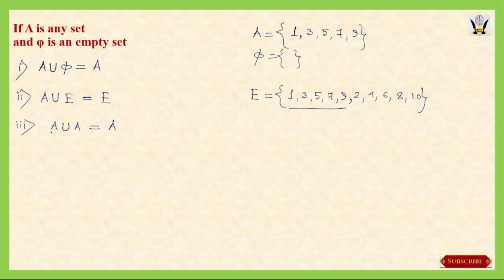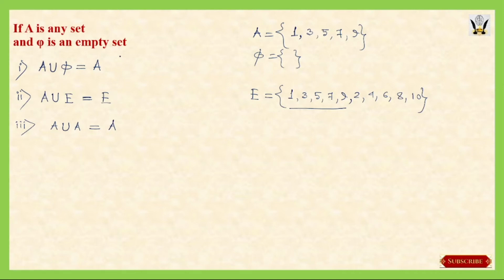Here the first set has 5 elements 1, 3, 5, 7, 9, and the second set also has 5 elements 1, 3, 5, 7, 9, and we will be adding all the elements of both sets, but we will not repeat any common element. Here all the elements are common, so the new set will have only 5 elements. So always when we perform union between two same sets, the resultant set will be the same as the set on which we are performing the union operation.